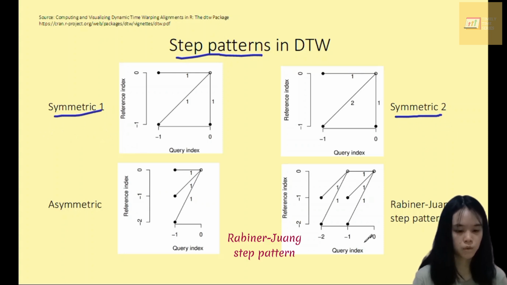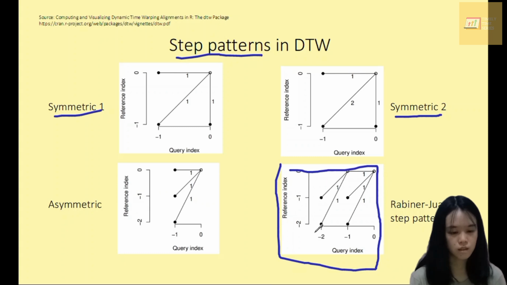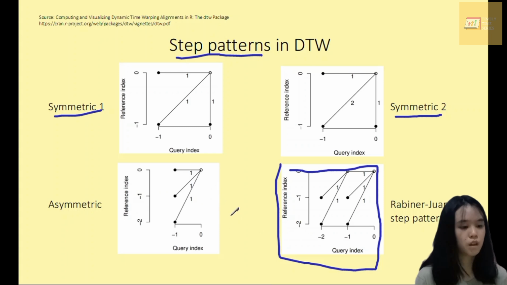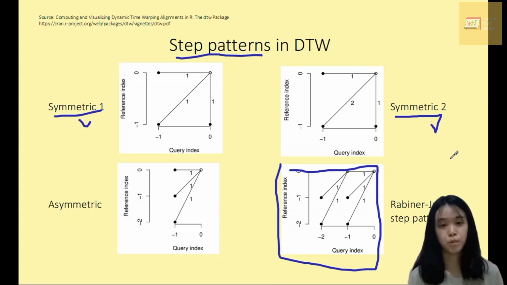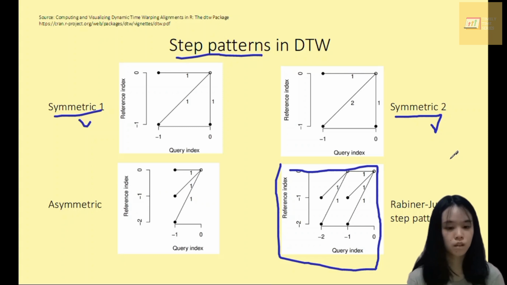And then the bottom right here is the Rabiner-Juang step pattern. There are many types of Rabiner-Juang step pattern; this is of type 4 that is particularly shown here. Some packages use symmetric 1 by default and some use symmetric 2 by default. In the code section later, we will see that we use symmetric 2.